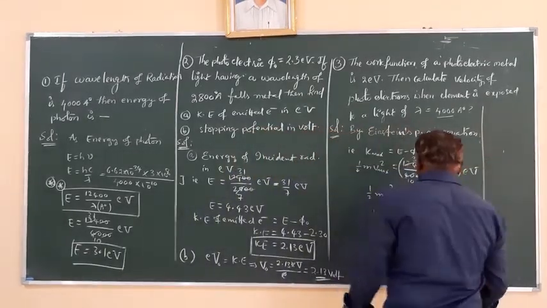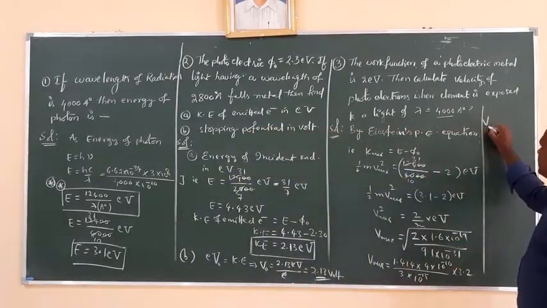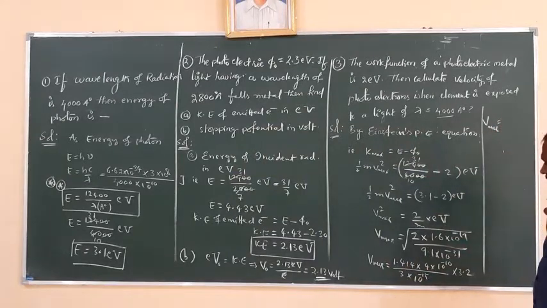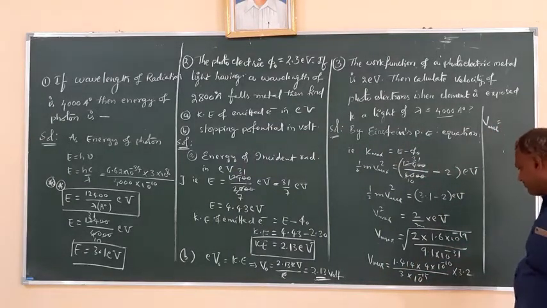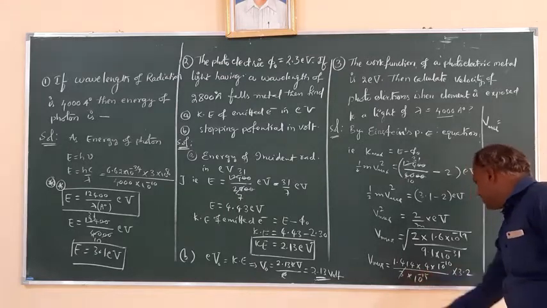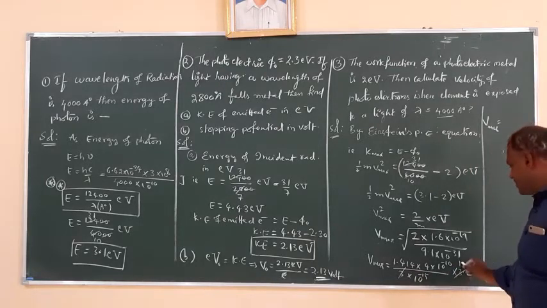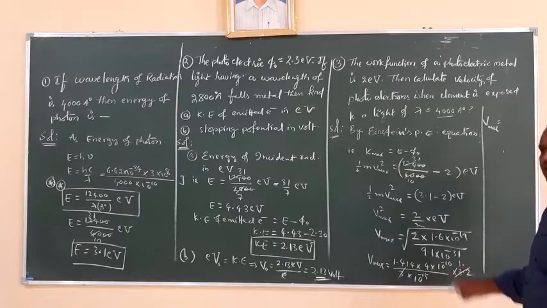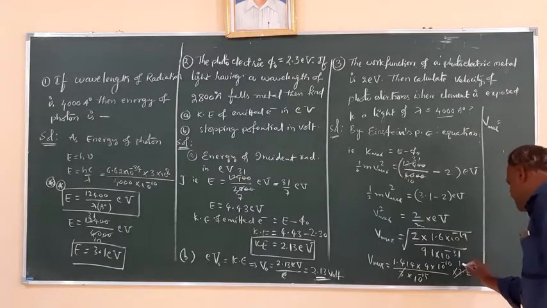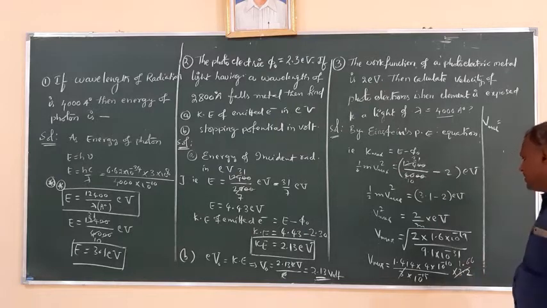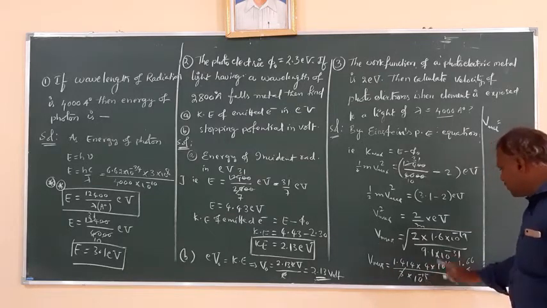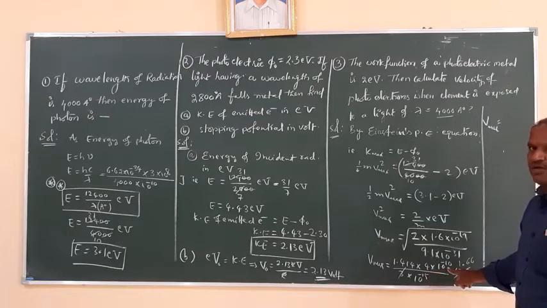You can get here the maximum velocity Vmax is equal to, just to multiply this here again, 3 times 10 power 20, it will be 1.66, so 1.7 into 4. Now you make this one the numerator, it will be plus 15 minus 10, plus 5 will come.